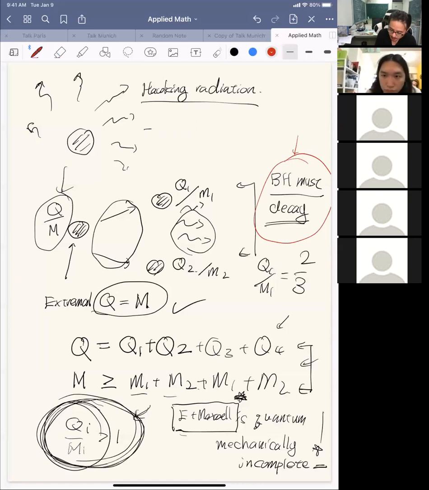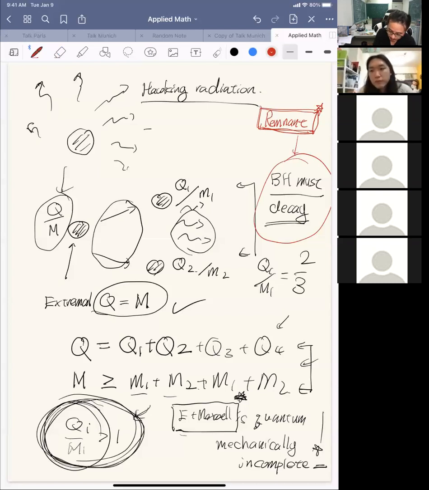If a black hole does not decay, that means it's completely stable. That means that this is a remnant. Sometimes we call it a remnant. And we generally believe that remnants don't exist. The reason that remnants don't exist is because if remnants exist, that means you have these stable particles that never decay. That means that whenever you're talking about quantum mechanics, these are supposed to be states in your Hilbert space, right? Because they're stable states, they're always there, right?